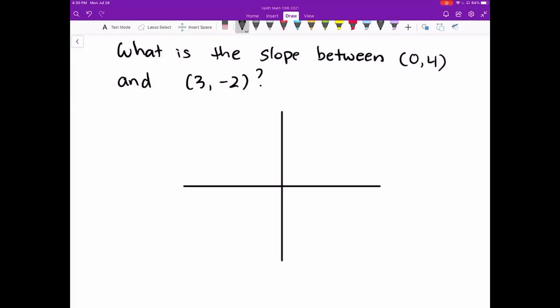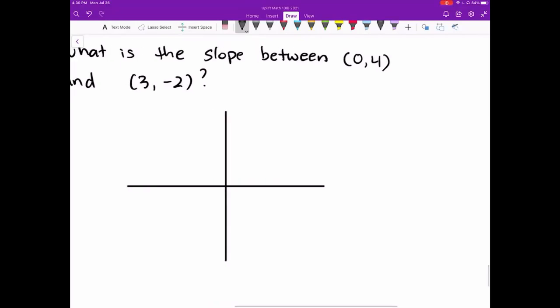Yeah, so what you said is absolutely correct. I think for the sake of simplicity, we always do point 2 minus point 1, just so the run is positive. So for this question, we have 0, 4 and 3, -2.